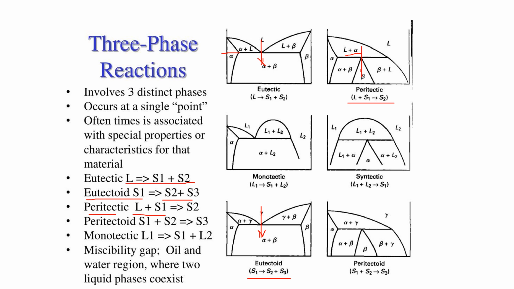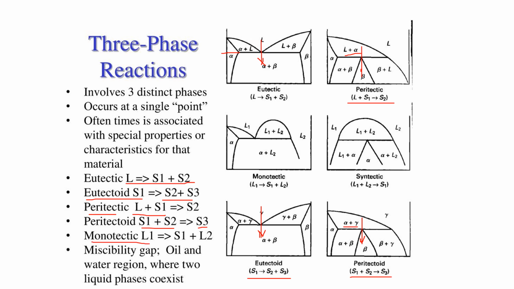And peritectoid: in the peritectoid reaction, two solids mix with each other and form another solid, S1 plus S2. Here two solids, alpha plus gamma, mix after cooling and after crossing the isothermal temperature, and the peritectoid reaction occurs, in which two solids form another.